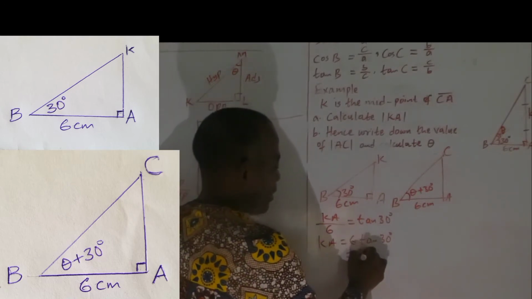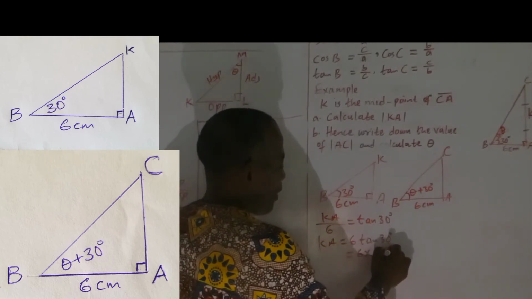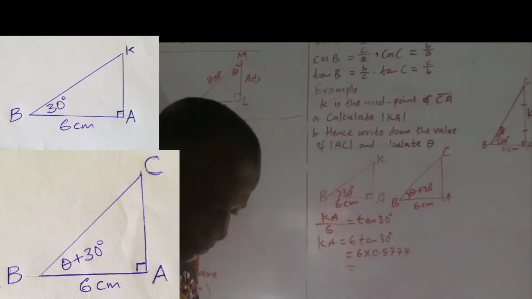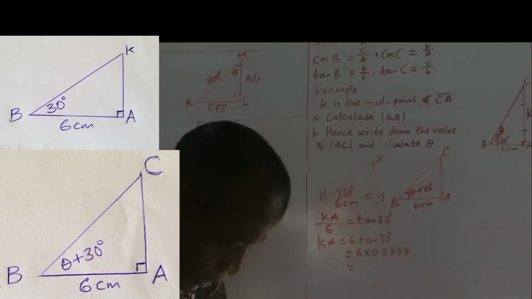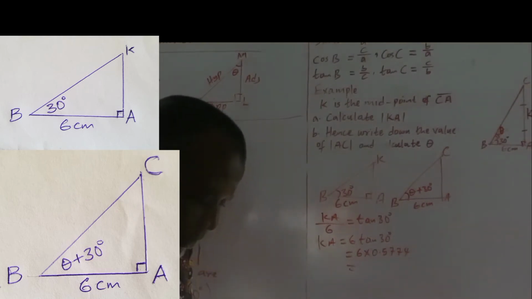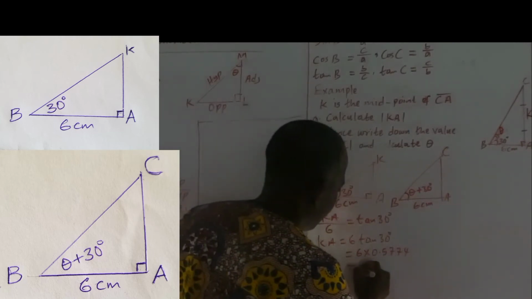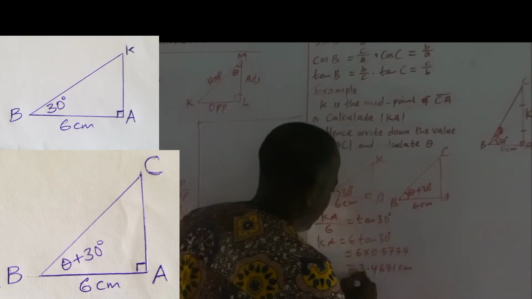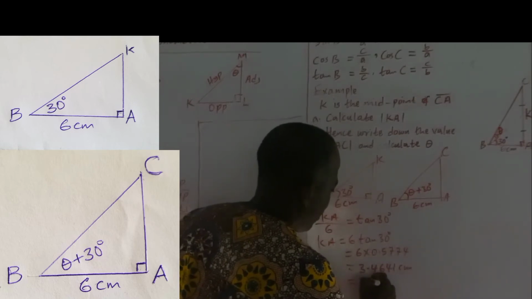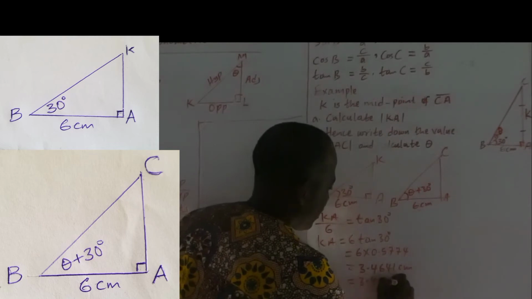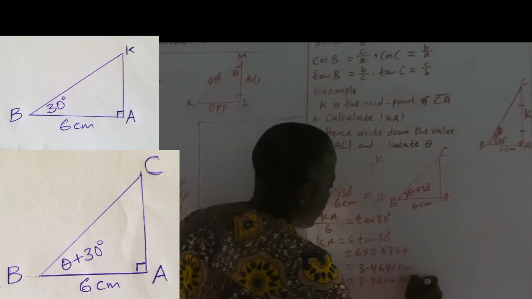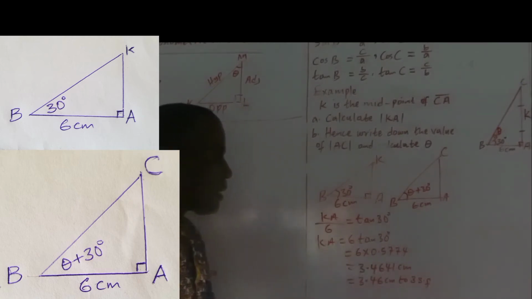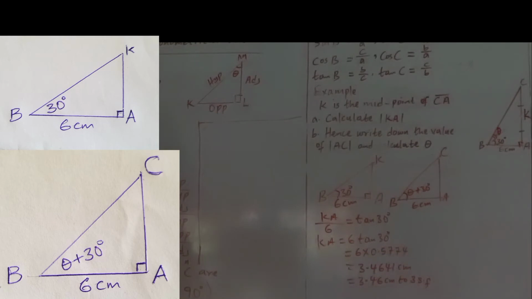So 6 times 0.5774 gives 3.4641 centimeter, which is equal to 3.46 centimeter to 3 significant figures. 1, 2, 3. You round down 4 since it's not up to 5.